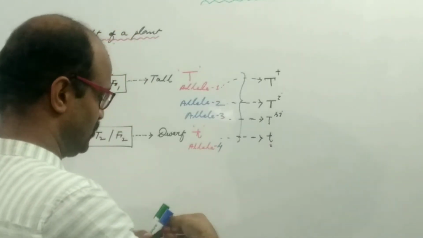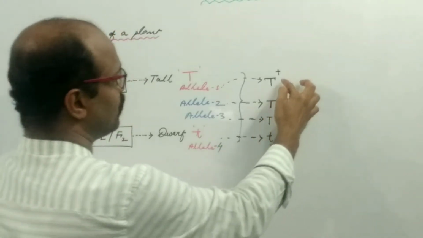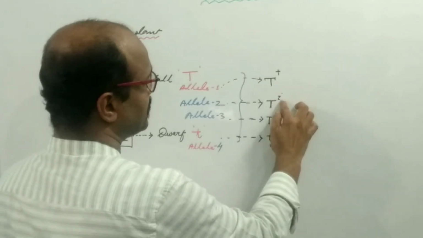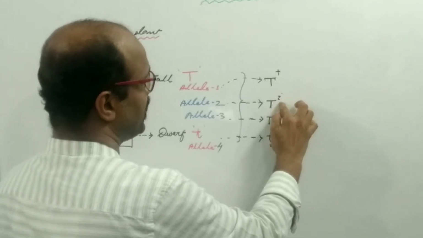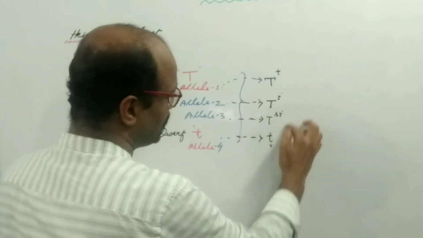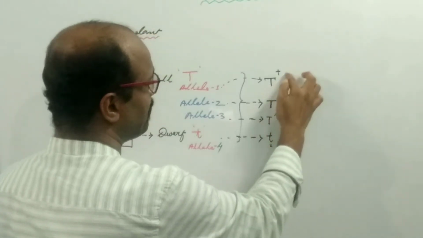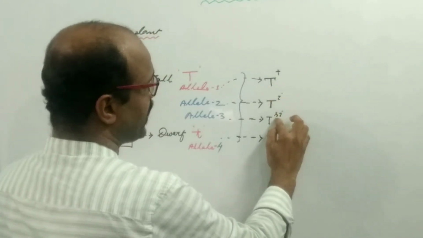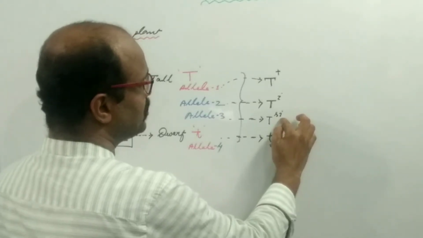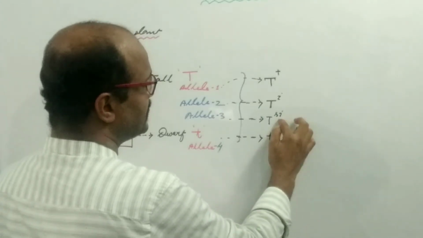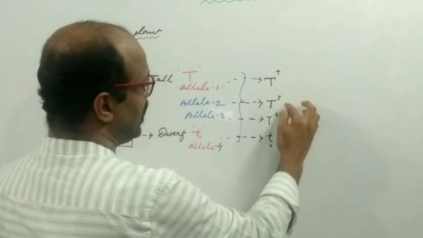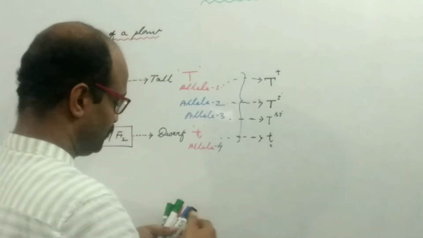Now suppose that Ti is dominant to these, but it is recessive to T plus. The Tsi is dominant to t but it is recessive to the upper two, and small t is recessive to all.